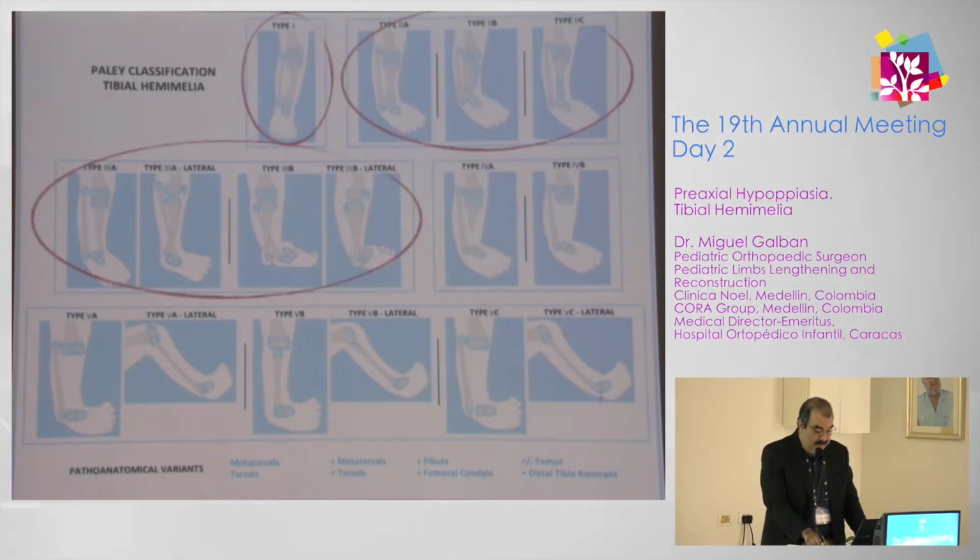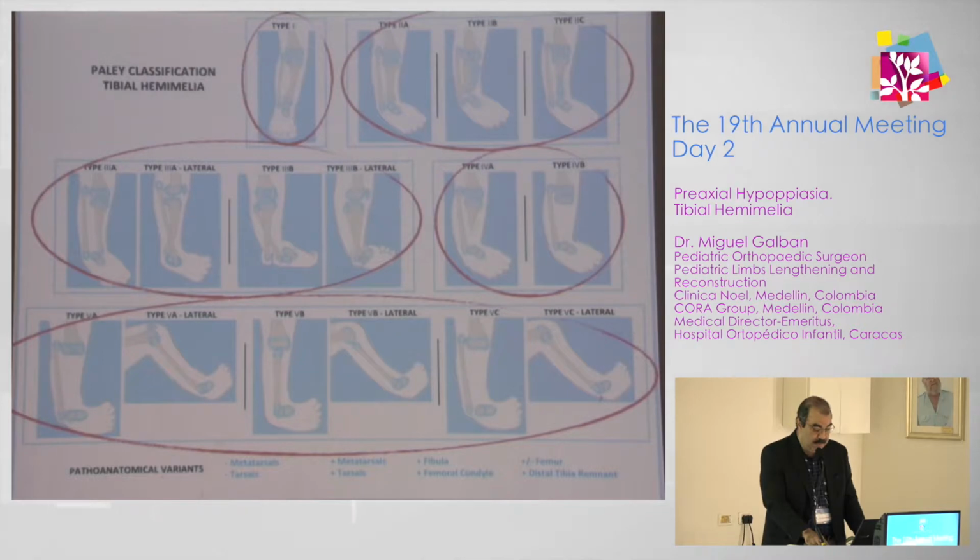Type 3 is the old type 4 of the Jones, Barnes, and Lloyd Roberts classification, two kinds of dysostosis of the tibia, 3A and 3B. Type 4 is the absence of the distal part of the tibia.